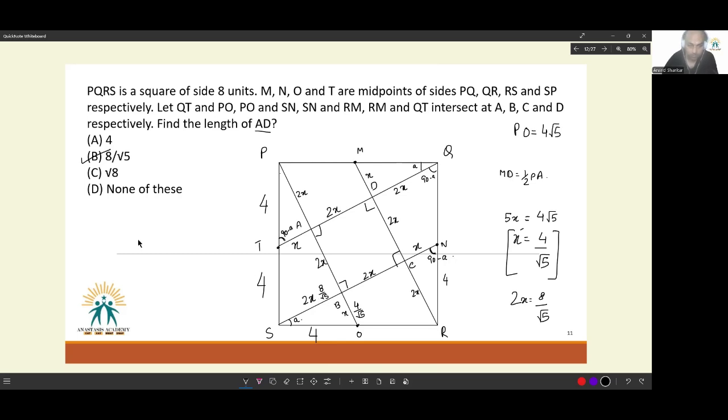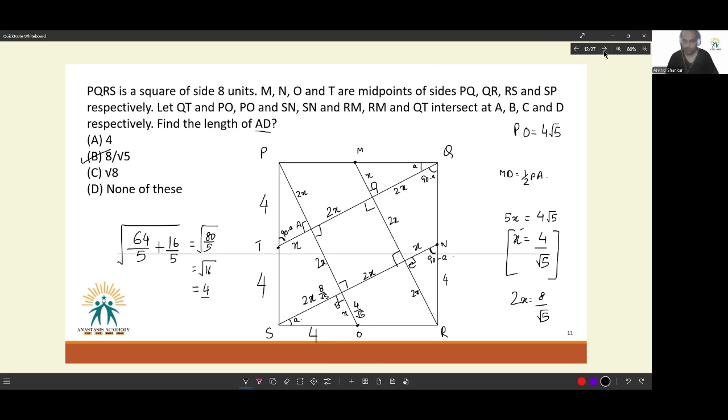Square of this will be 64 by 5 plus 16 by 5, under root. So the length is 80 by 5 under root, which is the root of 16, which will be equal to 4. This angle here, all of them are going to be 90 degrees only.